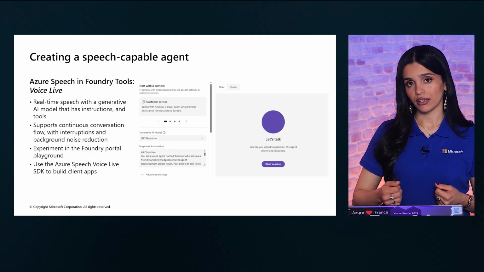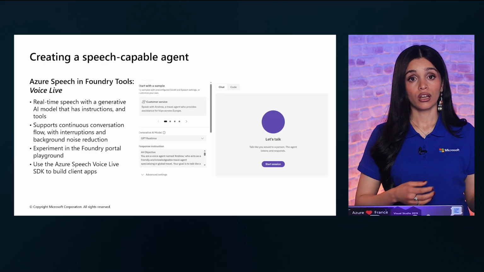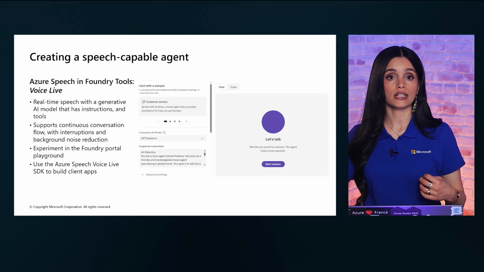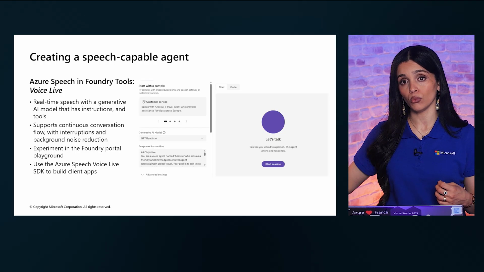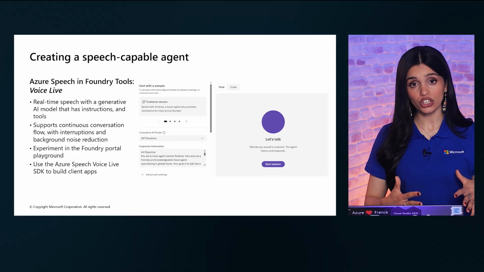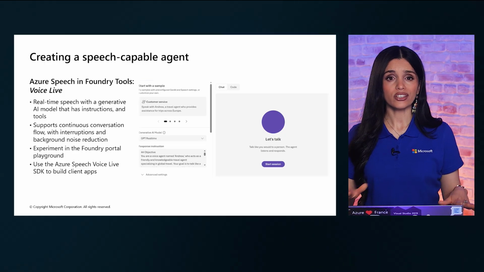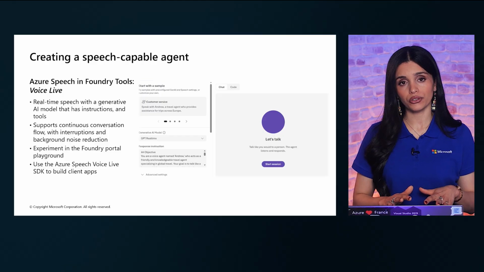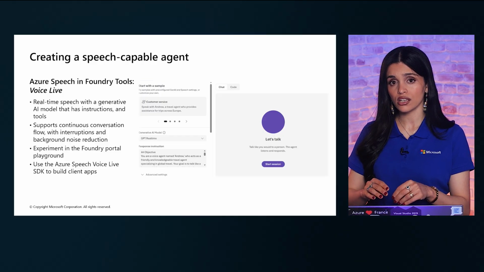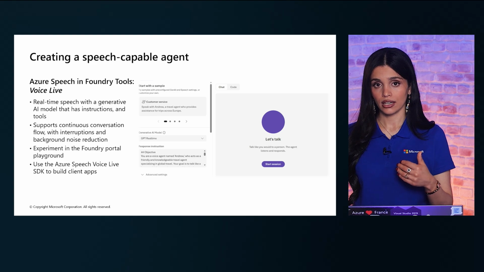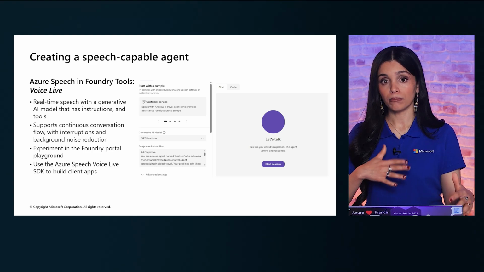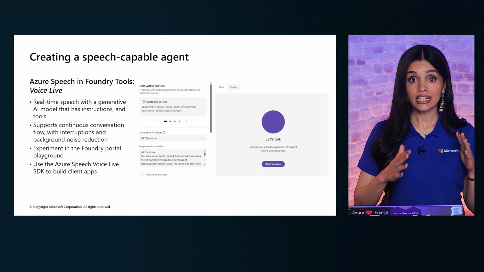Now, what is Voice Live? Voice Live enables real-time conversational speech with a generative AI model that has instructions and tools. Instead of stitching things together manually, Voice Live handles continuous listening, natural speaking, background noise reduction, and interruption.